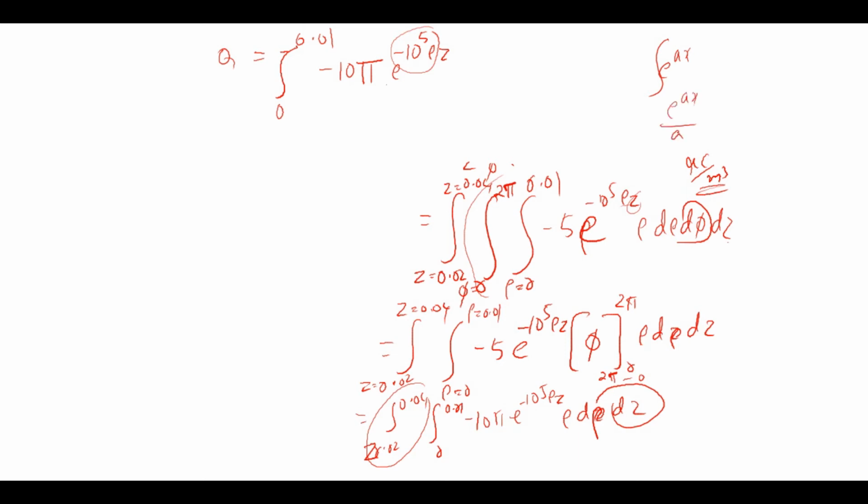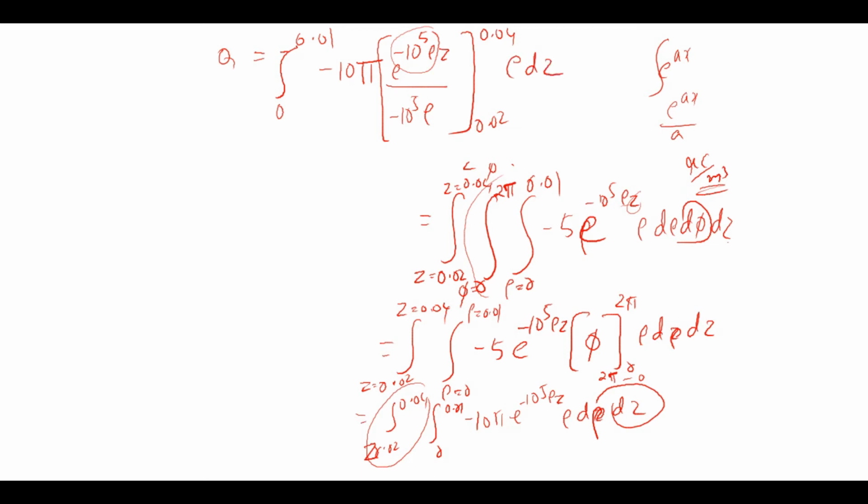Using that here, it should be e raised to 10 to the power 5 rho z divided by minus 10 to the power 5 rho, with limits for z from 0.02 to 0.04, and whatever is left is rho d rho.